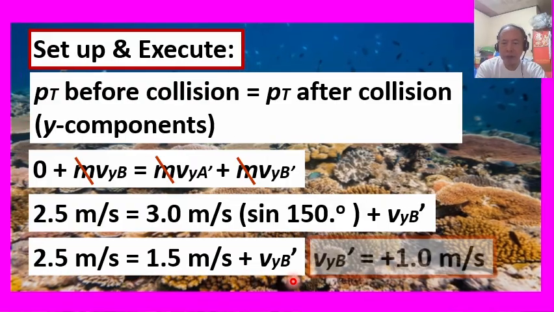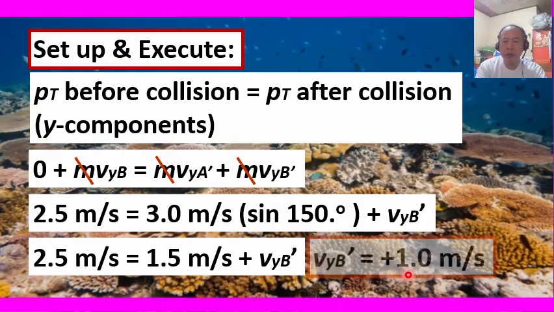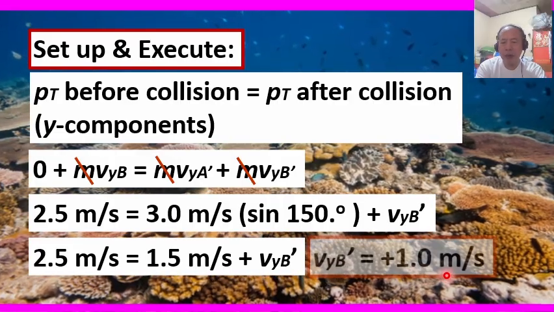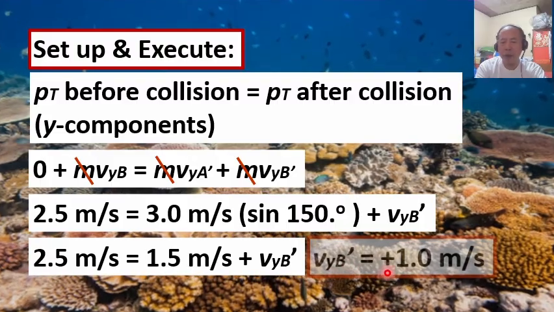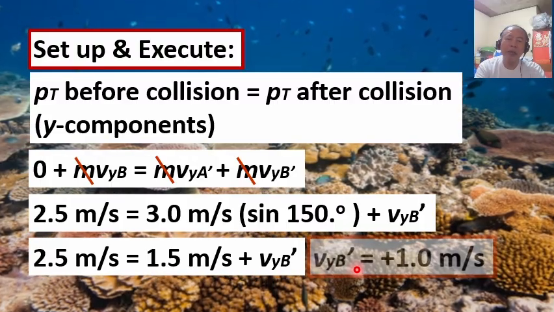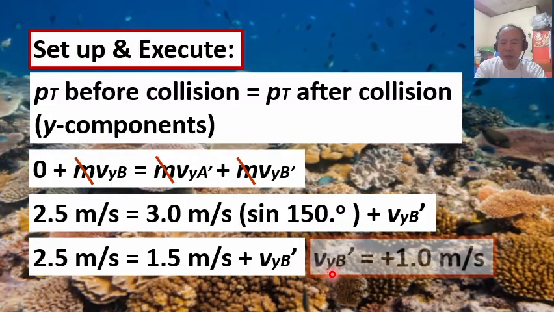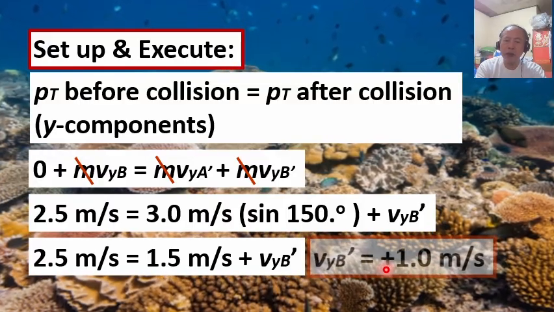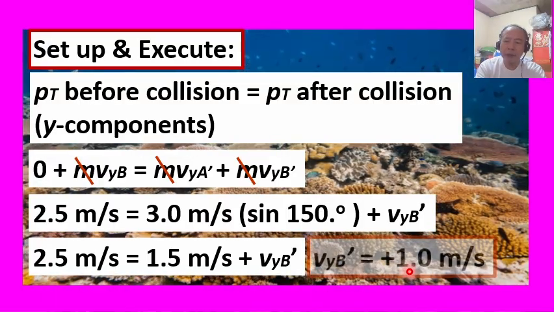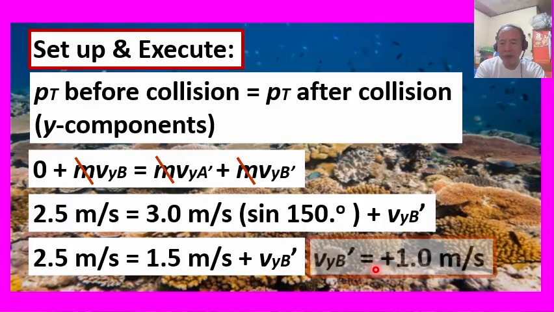That is, b sub y b prime is equal to positive 1.0 meters per second. Again, b sub y b prime, or the y component of the final velocity just after the collision of particle B, is directed towards the positive y direction.